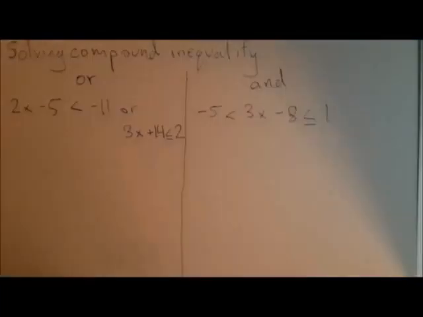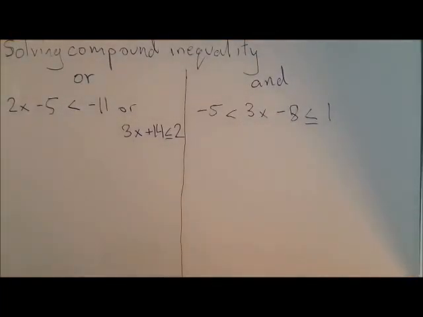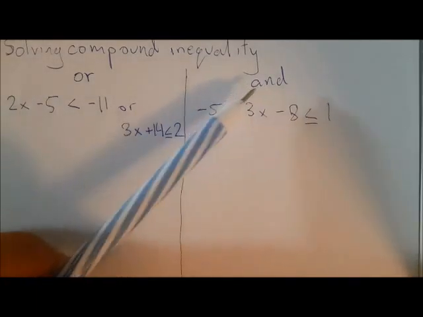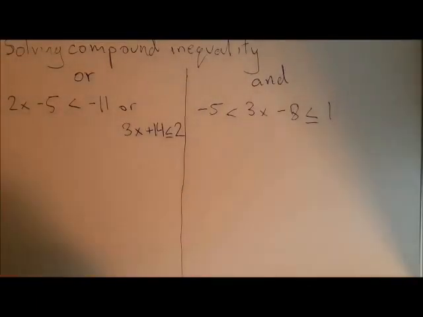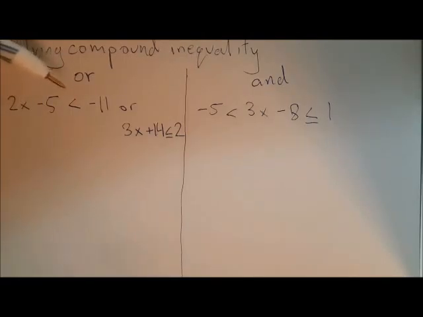Okay, solving compound inequalities. In compound inequalities, there are two different types of questions: OR and AND. On OR, it is 2x minus 5 is greater than -11, or 3x plus 14 is greater than or equal to 2. So we have to solve these separately, this and this.